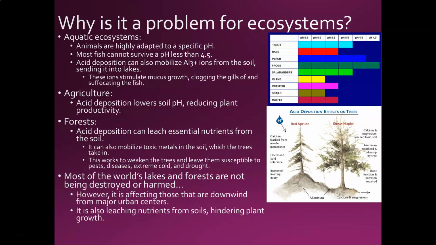When it comes to forests, acid rain harms the trees. It takes leaves off of them. When you see, like in this picture here, the red spruce, this is a pine tree. The acid will actually leach some calcium away. It causes the trees to lose their needles. Pine trees have needles which help protect them from pests, for example.